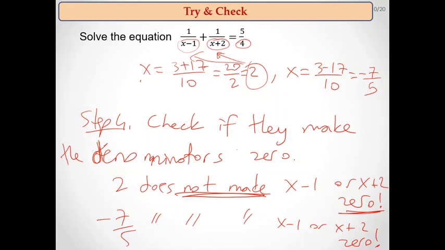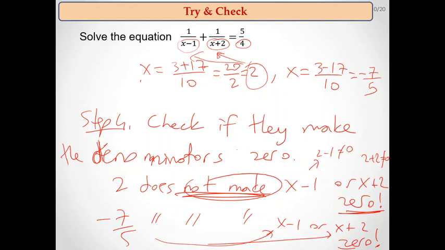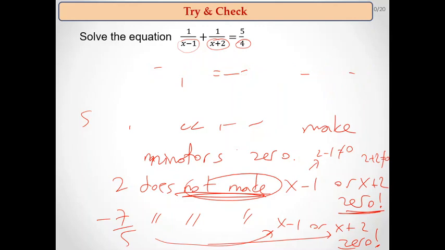What I mean is, when you put 2 minus 1, it's not 0. When you put 2 plus 2, it's not equal to 0. So when you put them in and see it's not 0, it does not make 0. Then step 5, you can say the solution set is negative 7 over 5 and 2.